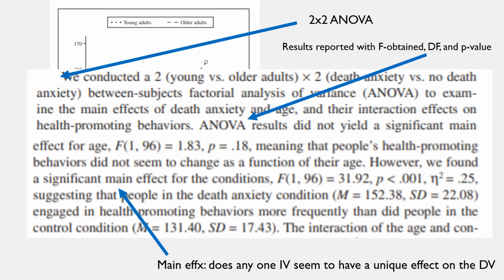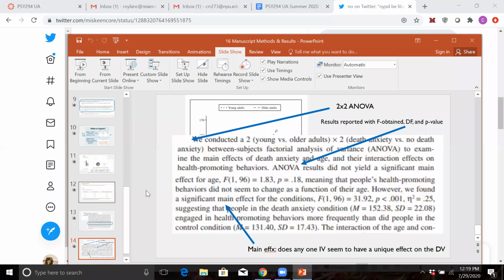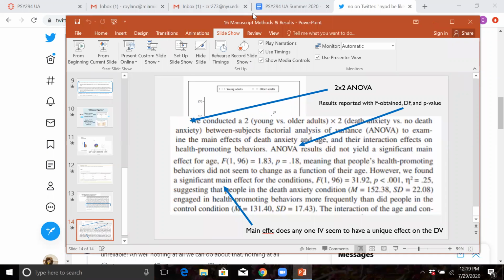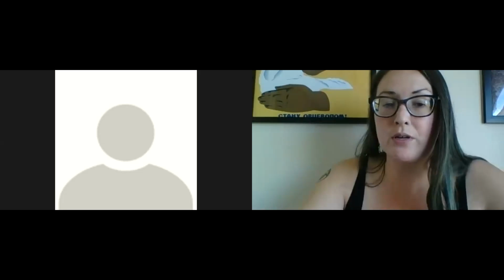So main effects are going to be the unique effect of each of your IVs individually before you consider them together, right? So was there less health promoting behavior among people in the death anxiety prime, not even taking age into account? They're going to need to report the information for the main effects as well as the information for the interaction. So that's going to do it for walking you through the methods and results section from your manuscript.